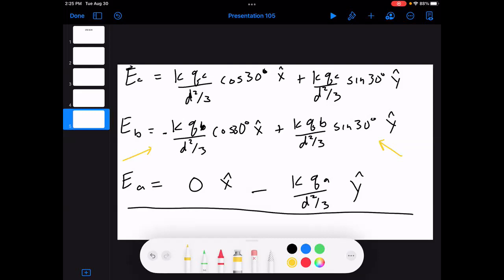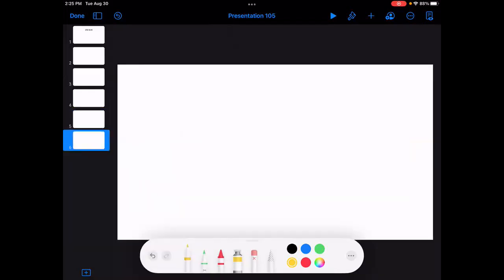I hope so. Okay. And let me ask you one more question. After you do the nasty work of adding all these things together, I believe in you, you'll end up with the total electric field equals some amount of electric field in the x direction and some amount in the y direction, right? How would you find the magnitude of the total electric field?